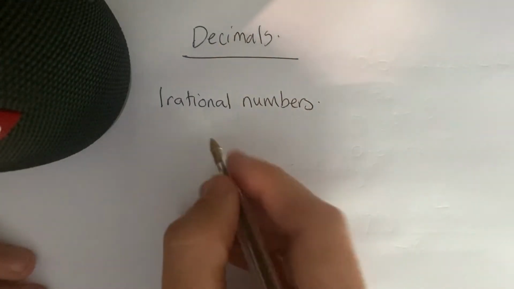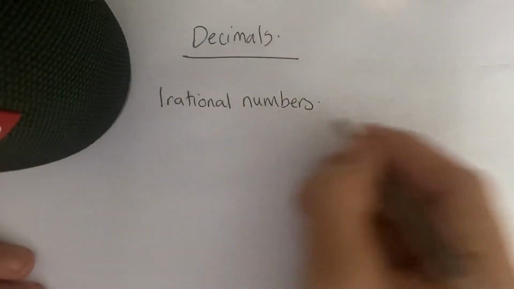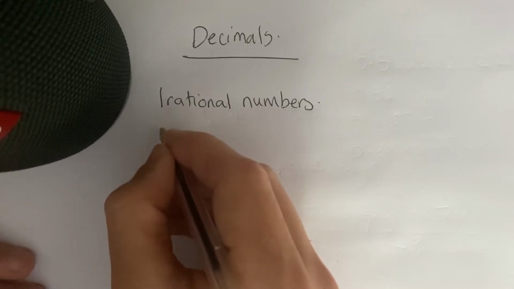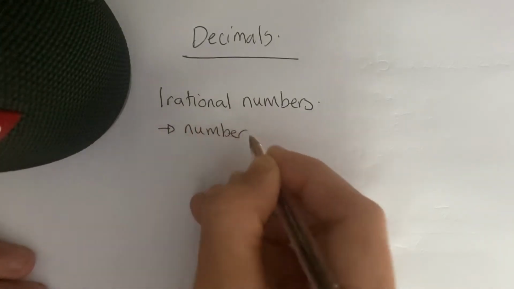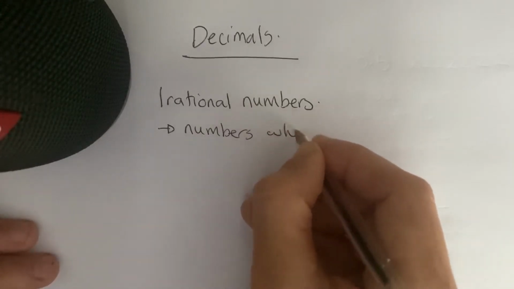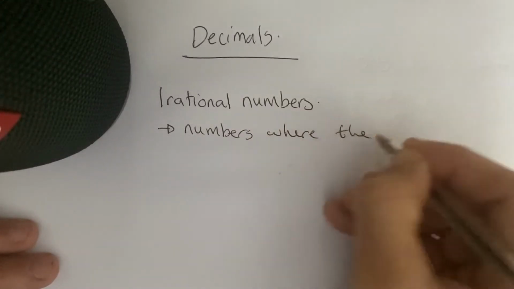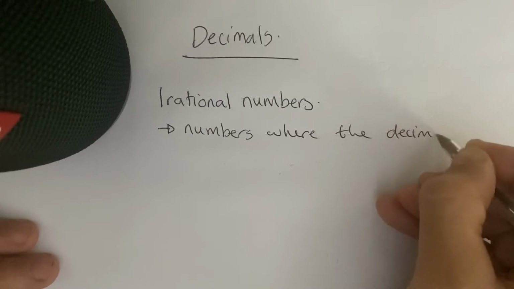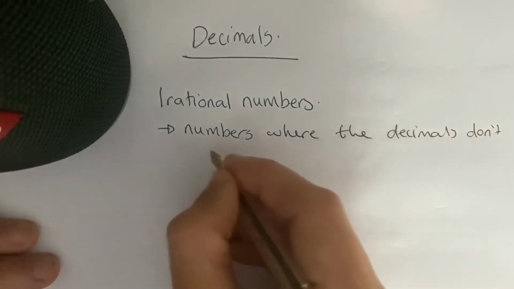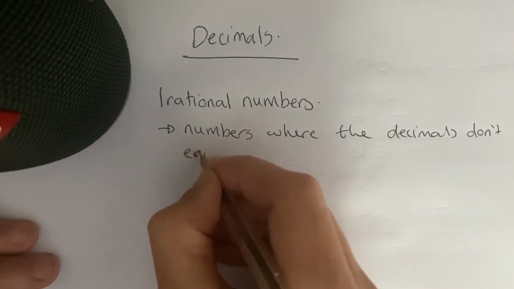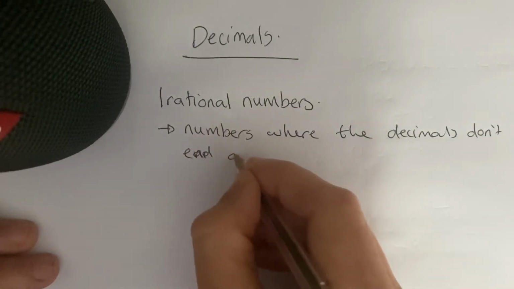So irrational numbers are numbers where the decimals don't end and don't have a pattern.